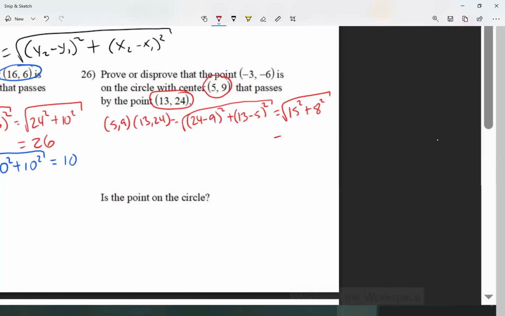I type the square root of 15 squared plus 8 squared on my calculator, and it says 17. So the radius is 17.